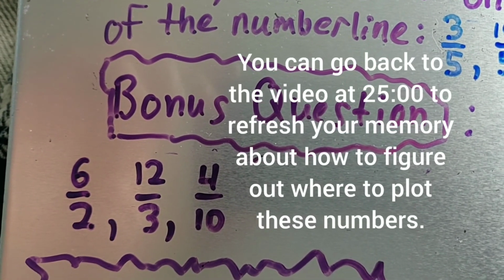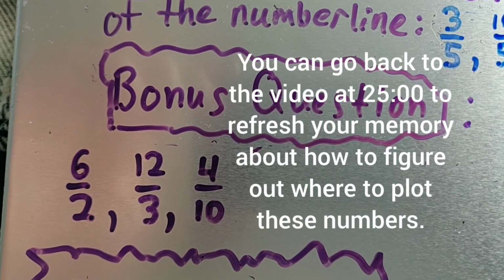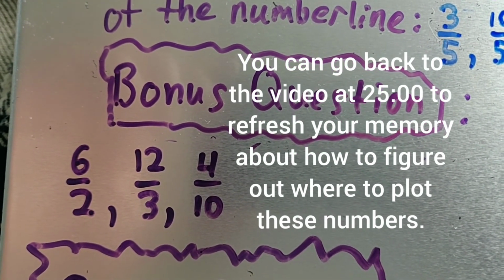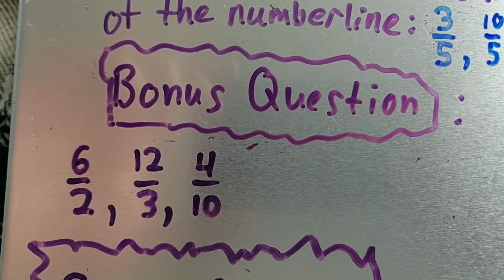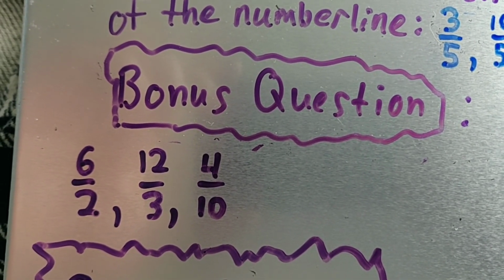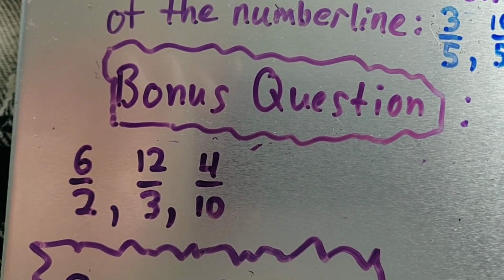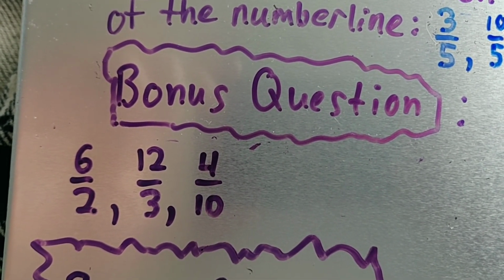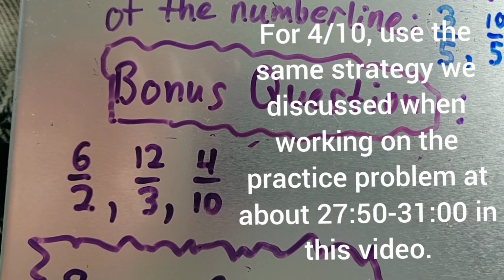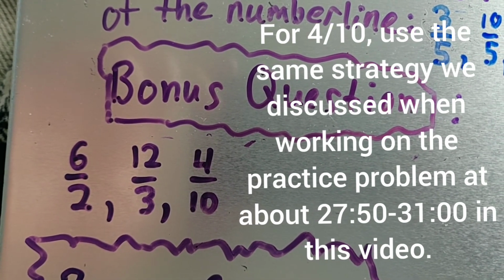For your bonus question, which I want you to do, all of the problems, right? You can just label these as your bonus question problems or numbers. We have 6/2, 12/3, and 4/10.